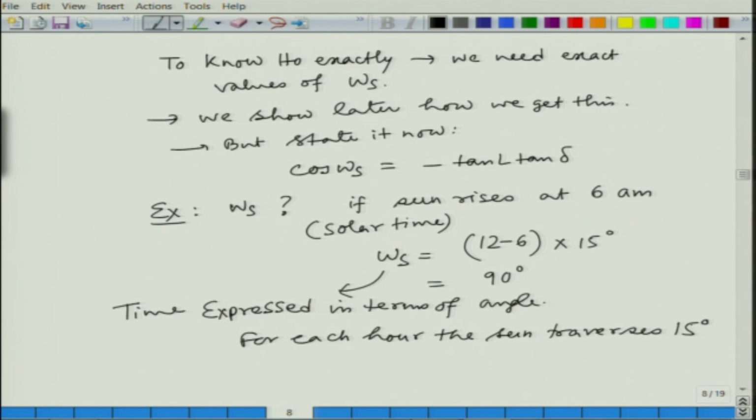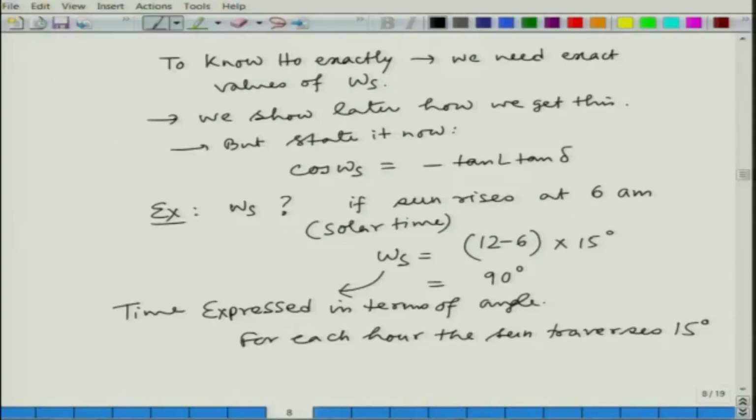Okay. In 24 hours it traverses 360 degree. Of course, this is apparent motion. Okay. This I will not repeat every time, but by this time you have got the idea that sun traverses means the apparent motion of the sun. Actually the earth is rotating with respect to sun. Okay. So, that is how you get this Ws or omega s.